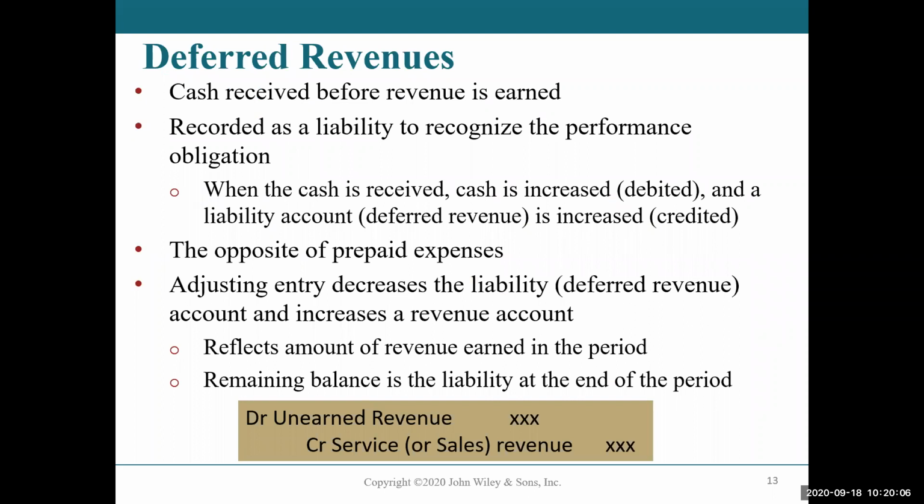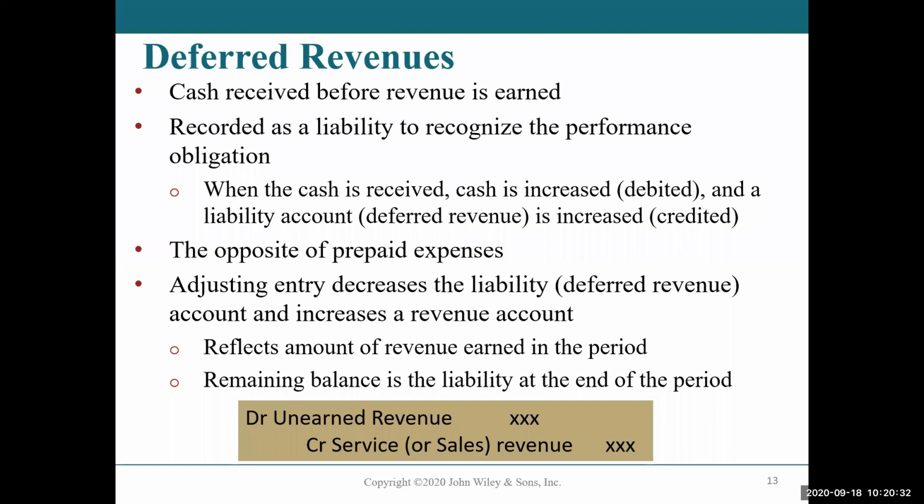So the other type of prepayment is your deferred revenue. Deferred revenue is also called unearned revenue. This is where the company has received the money, but they haven't provided the services or sold the product. At the time that they received the money, they would have debited cash and credited the deferred revenue or unearned revenue account.